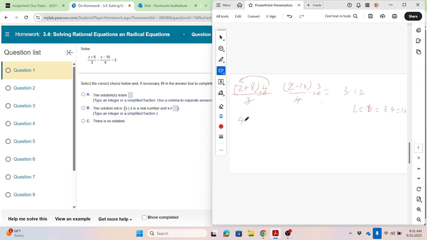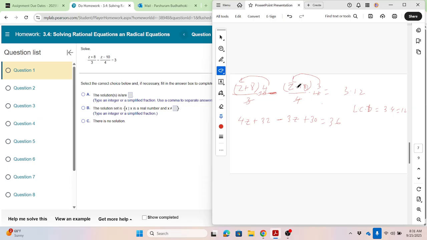So which is 4z plus 32 minus, when you distribute this 3, keep in mind there is a minus sign in front. So you have to be careful with the sign rule. So minus 3z, minus minus plus, this is 10, so 3 times 10 is 30, 12 times 3 is 36.